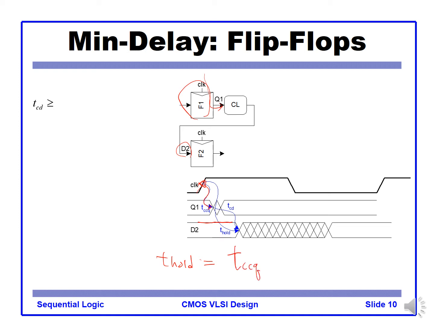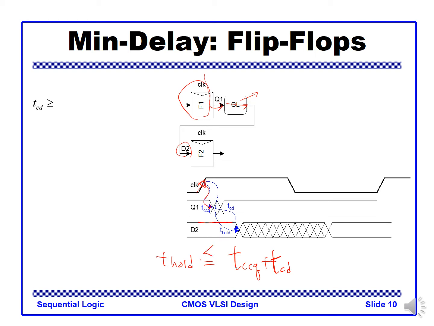TCCQ, this is the contamination delay, the faster delay, and it also goes through the contamination delay of the combination logic, that is the faster delay, TCCQ plus TCD. That must be greater than the hold time period.